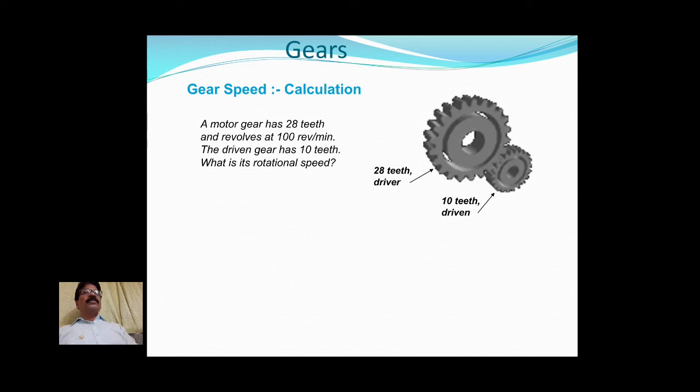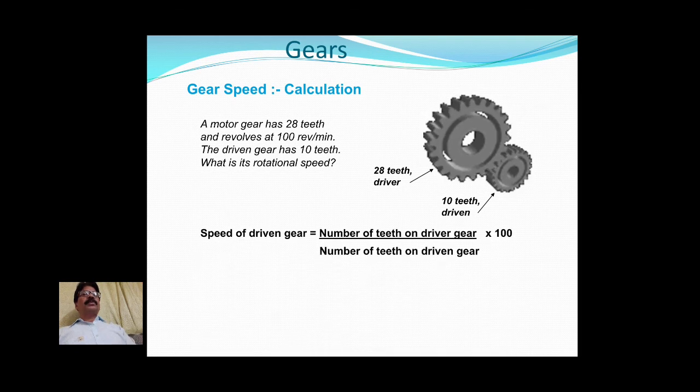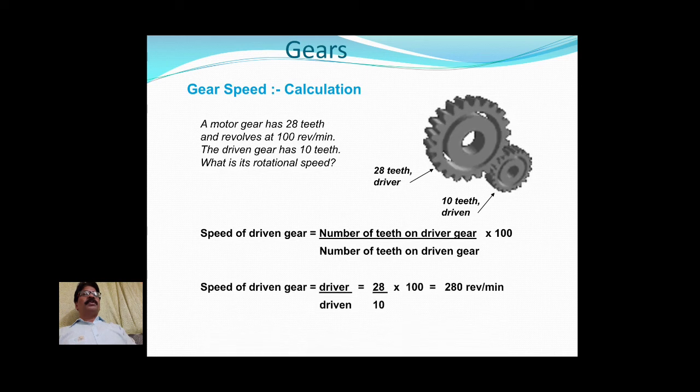So the driver has 28 teeth, the driven gear has 10 teeth. We have to find out the gear ratio and multiply by the revolutions, that is 100 rpm.